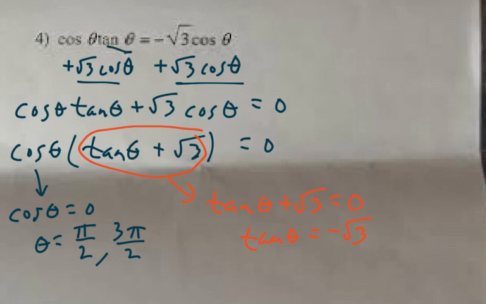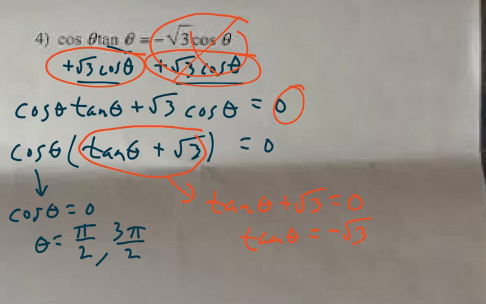Notice that there's a tangent in here. So the first thing I did, if you notice, is I added square root of 3 times cosine theta to both sides. That made this side become 0. And then at this point, notice I can factor out cosine theta. It's like a GCF.